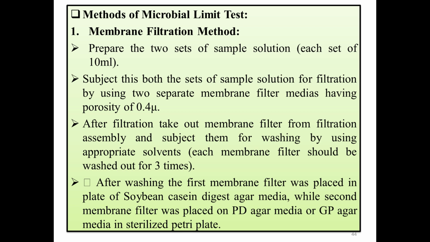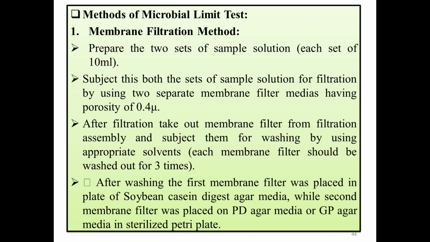This means the pore size should be 0.4 micron, so particles of size 0.4 micron or less can pass through, but not particles larger than that, such as 0.5, 0.7, 1 or 2 micron. Only particles smaller than 0.4 micron can pass through this membrane.